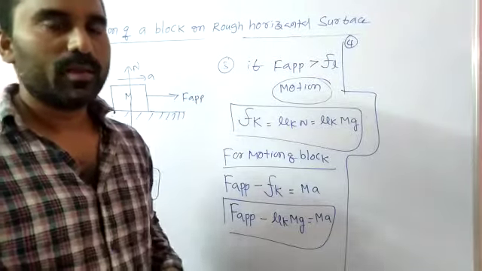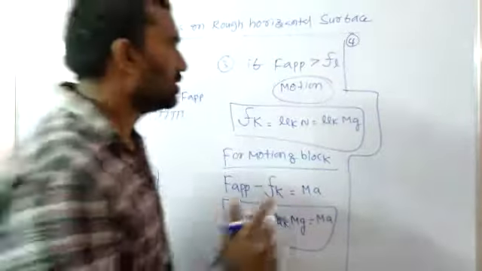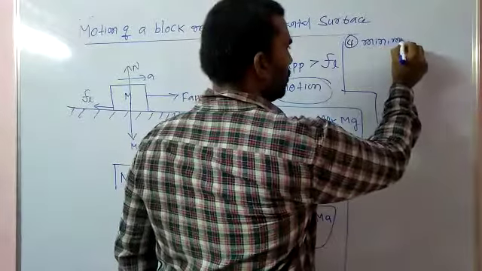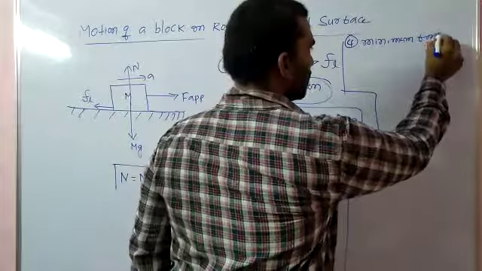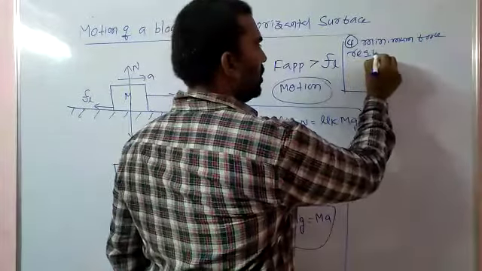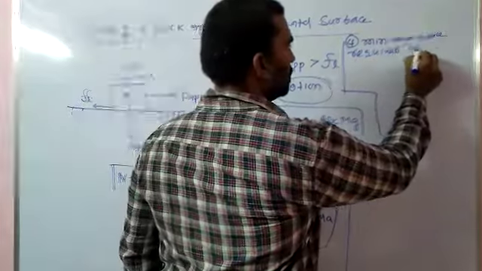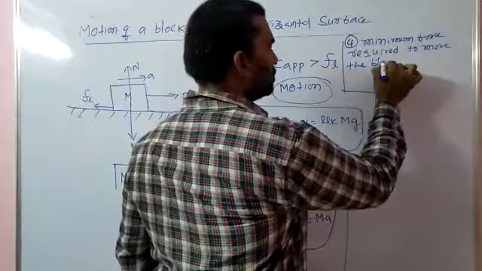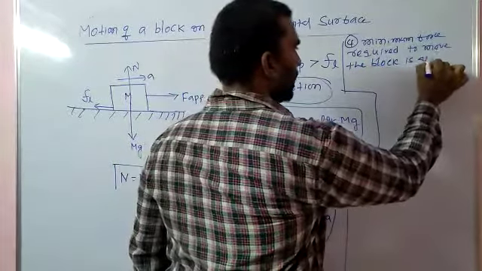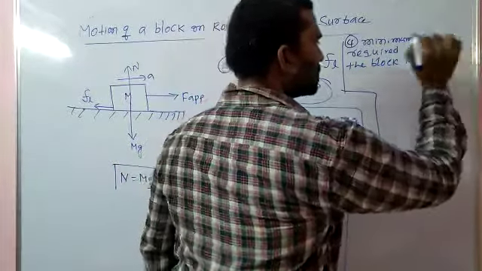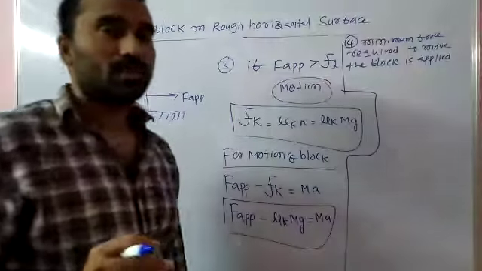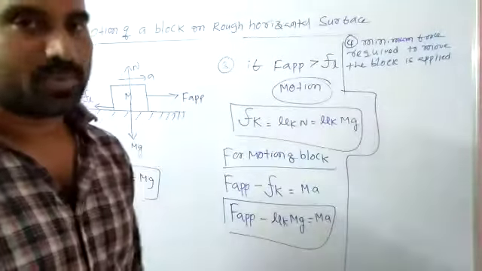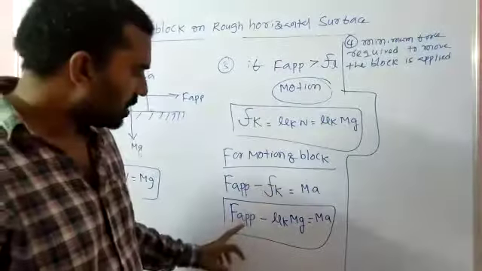Okay? Minimum force required, I am writing here, note down: the minimum force required to move the block is applied. And what is the applied force? It is the minimum force.